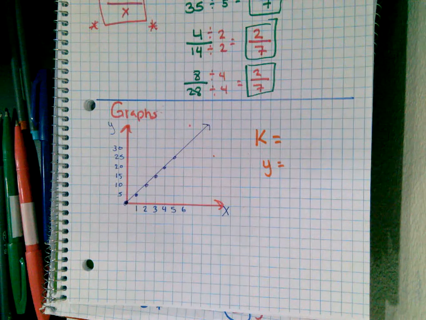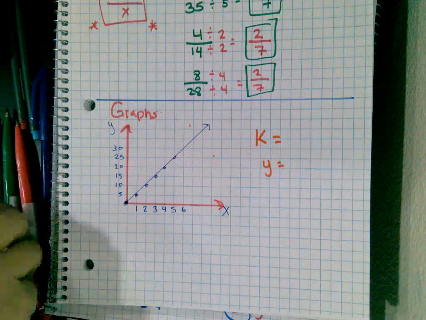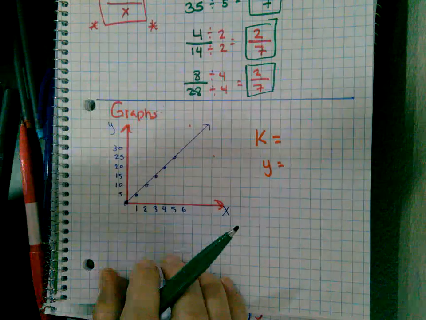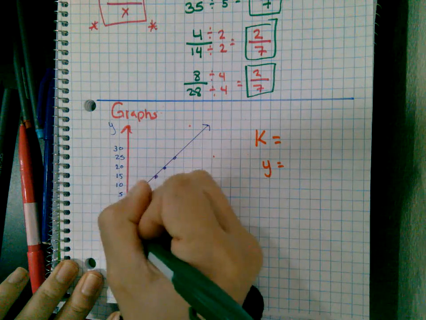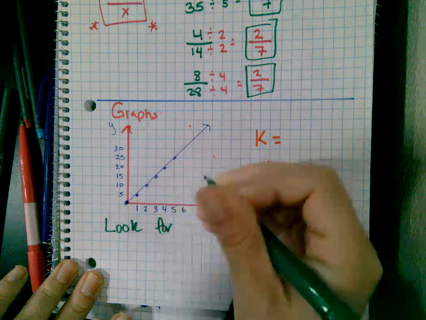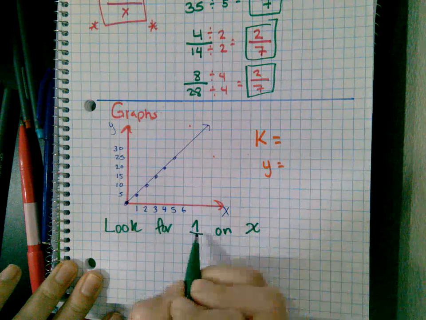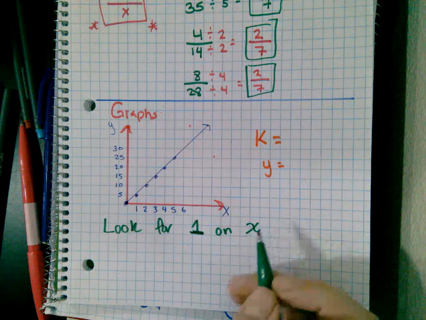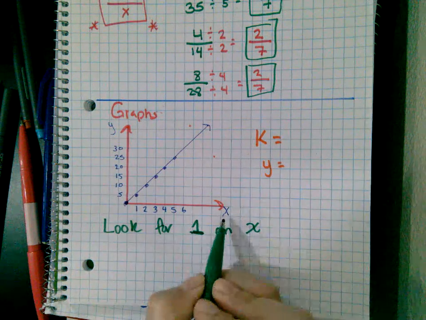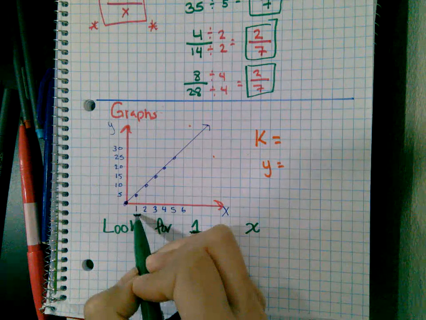All right. Okay. The easiest way would be, look for 1 on X. This is the easiest way. Level 1. Look for 1 on X. Okay, here's X. Look for 1. Look for the dot.